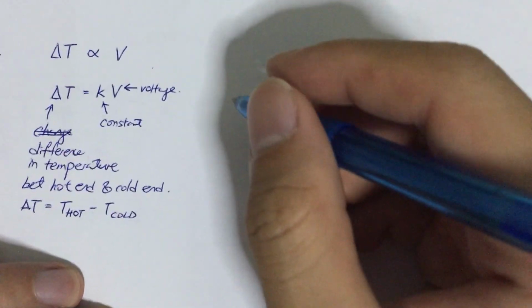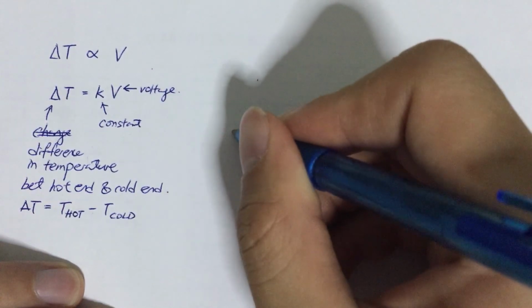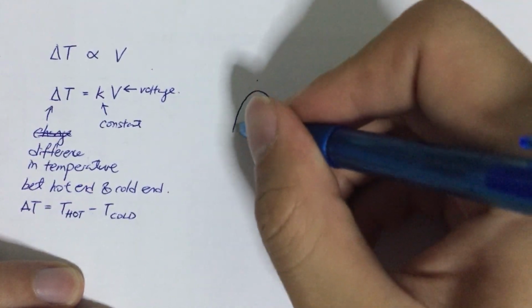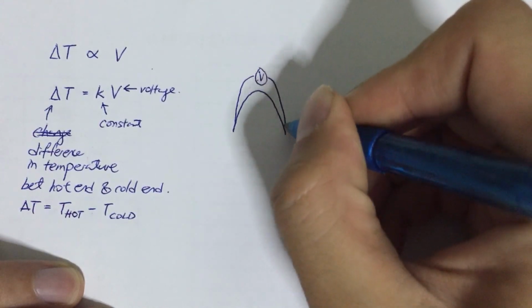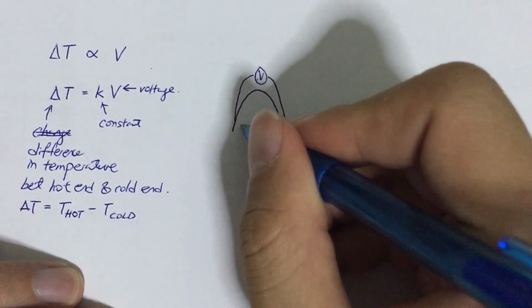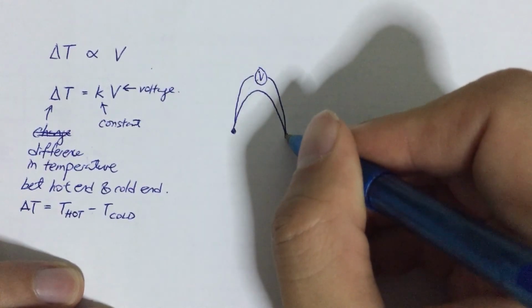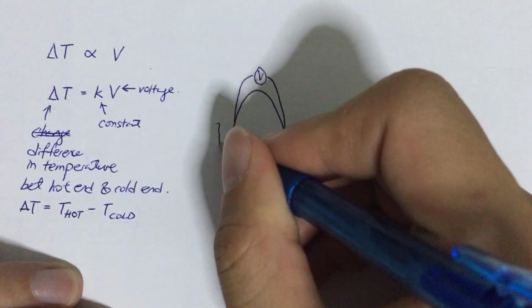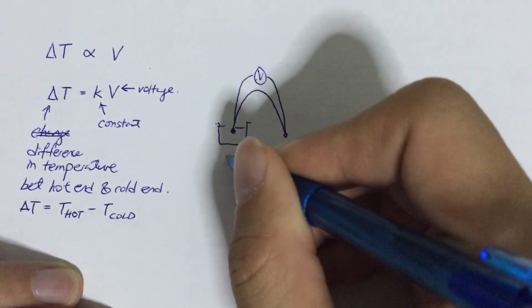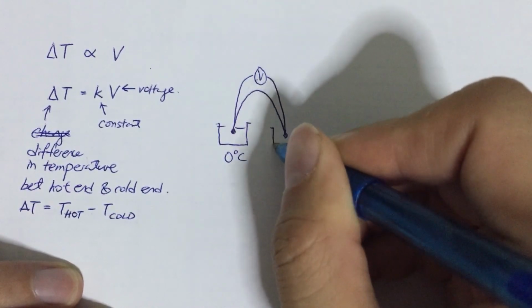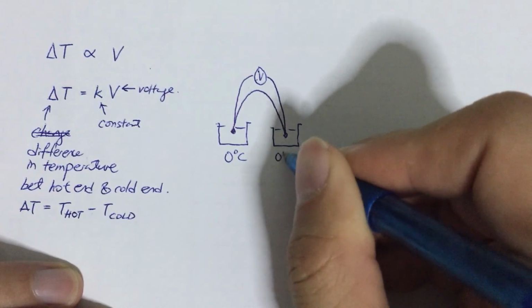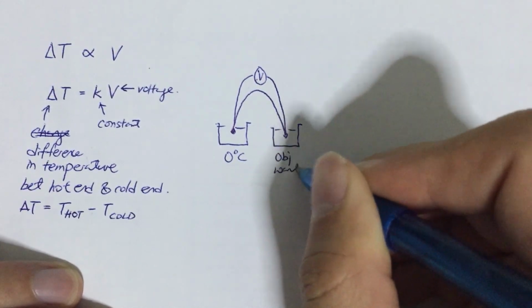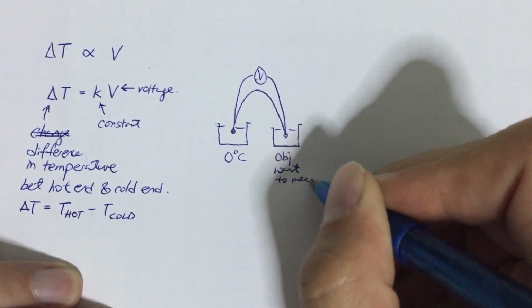So just a quick revision, your thermocouple looks something like this. It consists of a wire A, then after that you have your wire B, voltmeter, another wire B. These are called the hot end and the cold end. Usually the cold end, you submerge it at your ice point, and then down here you submerge the hot end in the object you want to measure.